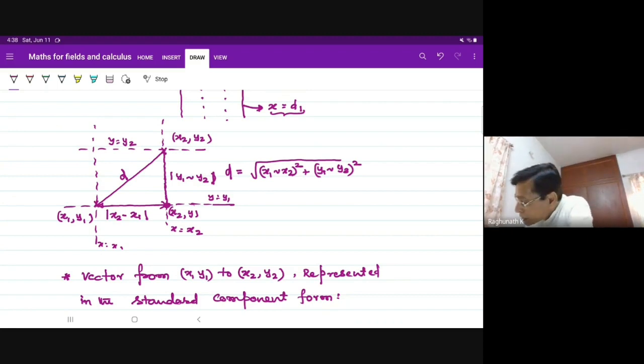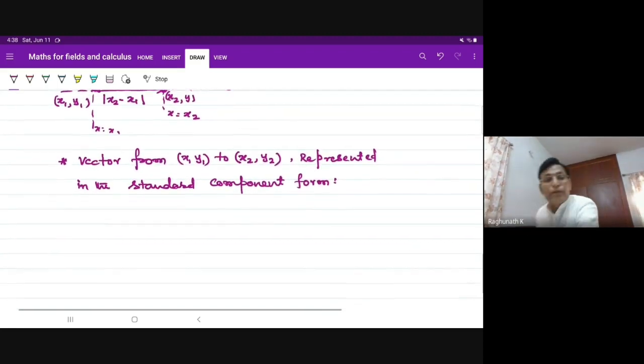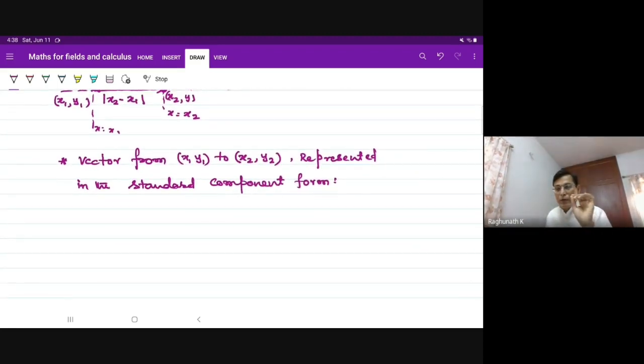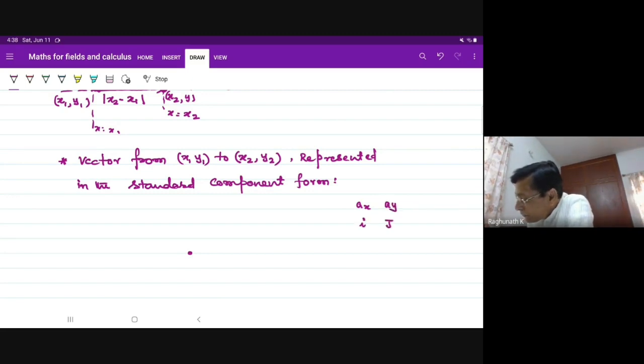In two-dimensional coordinate system, try to recollect. We define two standard unit vectors, namely Ax and Ay, I and J, normal, right?